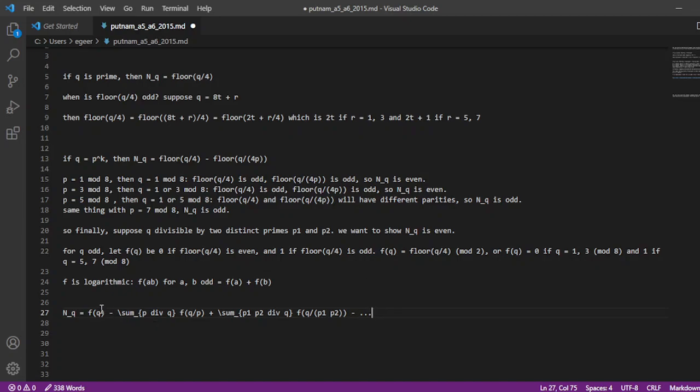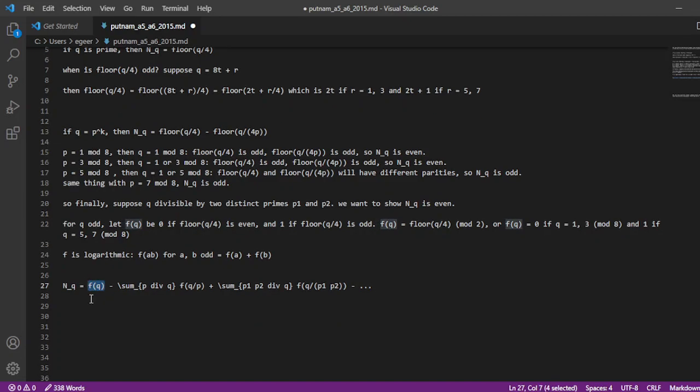Because we only care about this modulo 2, the signs don't matter. It's just a sum modulo 2. We can get rid of the alternating signs. So how many times does F(Q) appear in the sum?